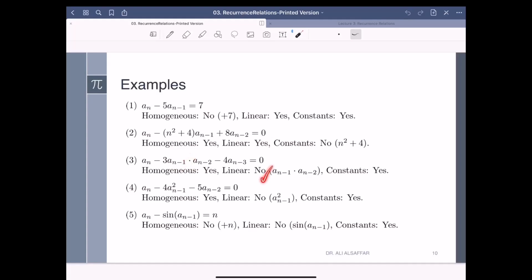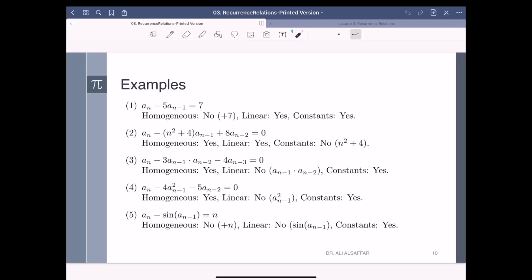For example number 4, it is homogeneous because every term has ai. And also it is with constant coefficients, because 1, -4 and -5, but it is not linear. Why is it not linear? Because here we have an minus 1 squared, and it should appear by itself.